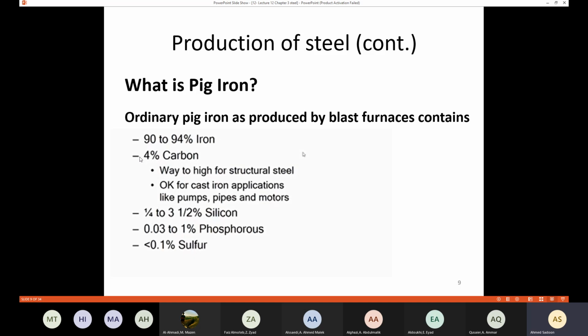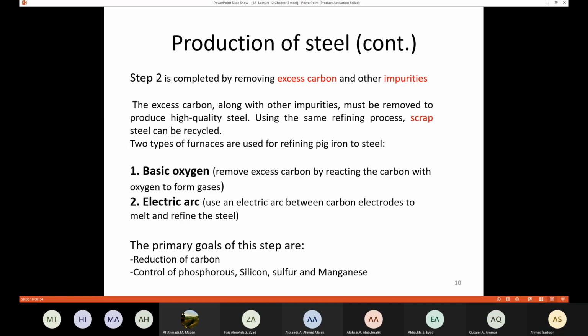The problem is the carbon. We need to reduce the percentage of carbon if we are going to produce structural steel. So this step should be completed by removing excess carbon and other impurities. In this step, I'm going to remove the excess amount of carbon, and also any impurities.